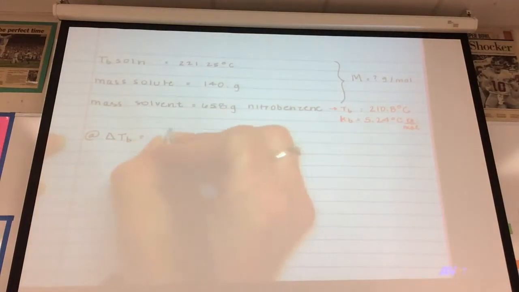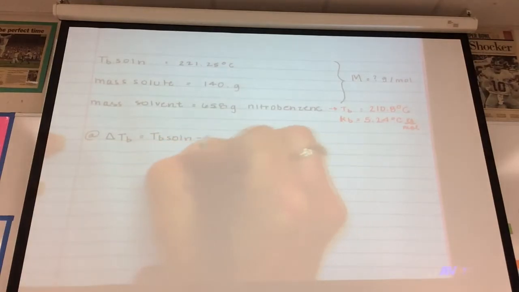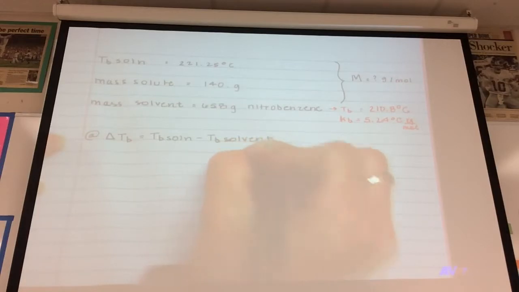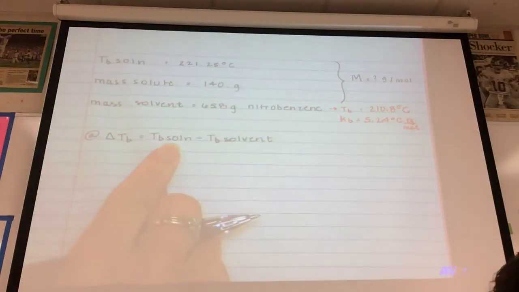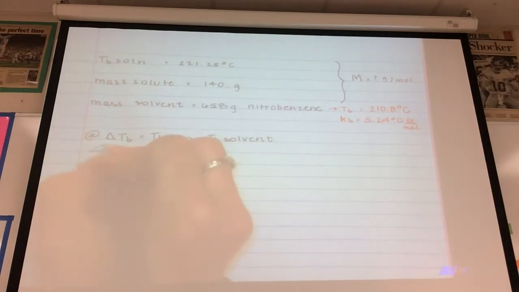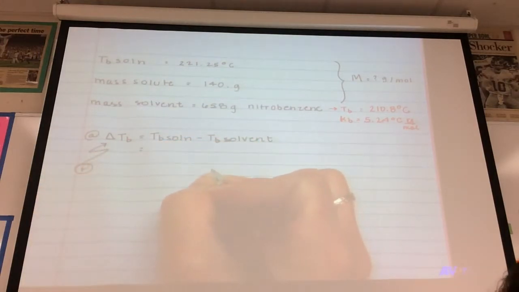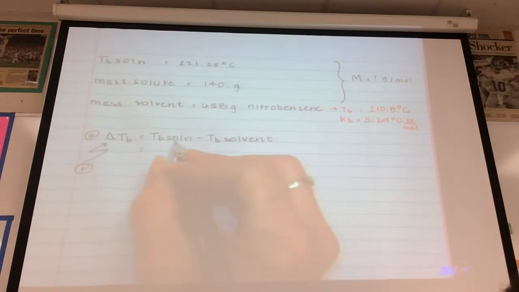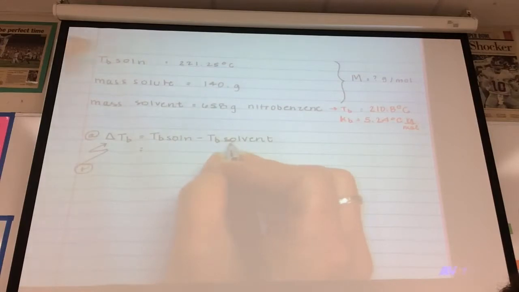The only difference here is that you will be doing the boiling point of the solution minus the boiling point of the solvent, because we know that the boiling point of the solution is elevated when you add solute to solvent. If you can't remember what to subtract from what, again, delta TB must have a positive value. It's a positive quantity. So just do the larger boiling point minus the smaller one.